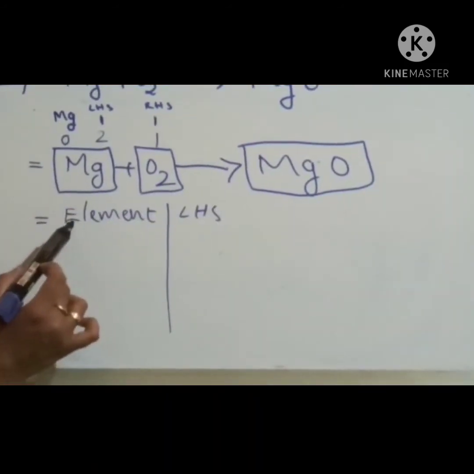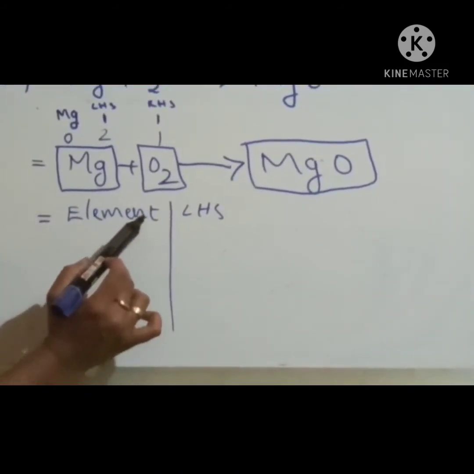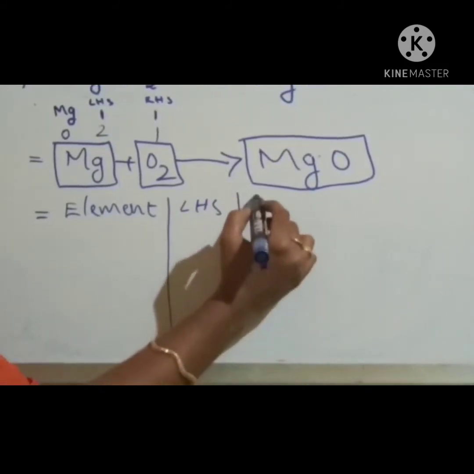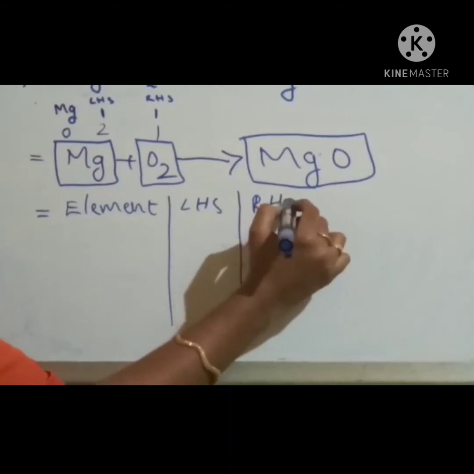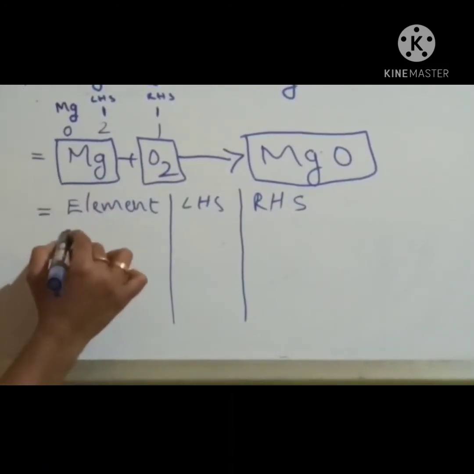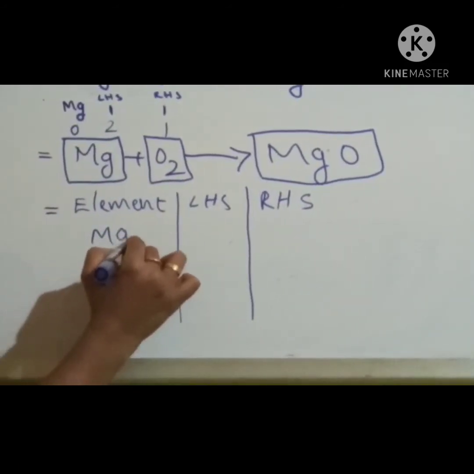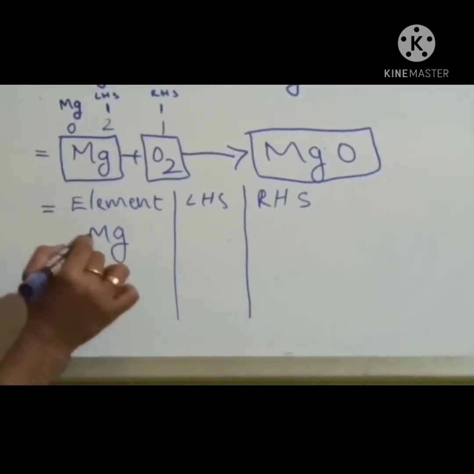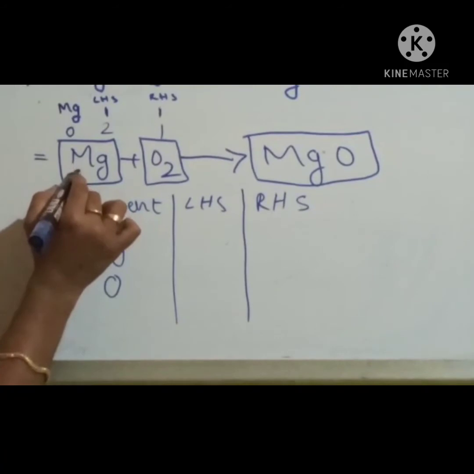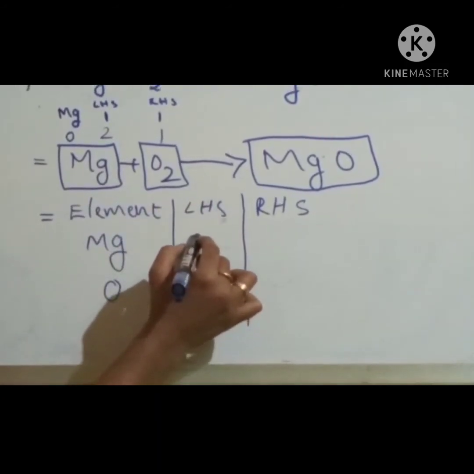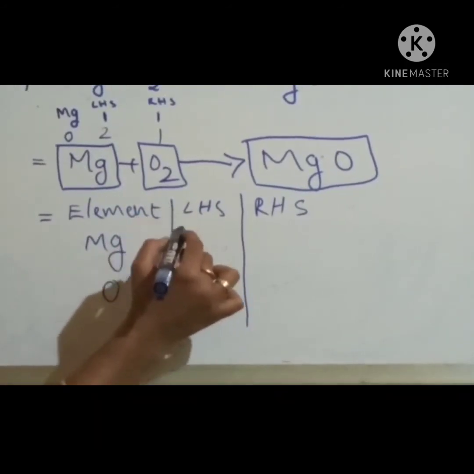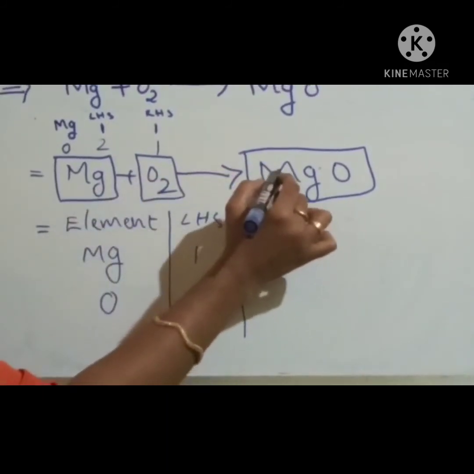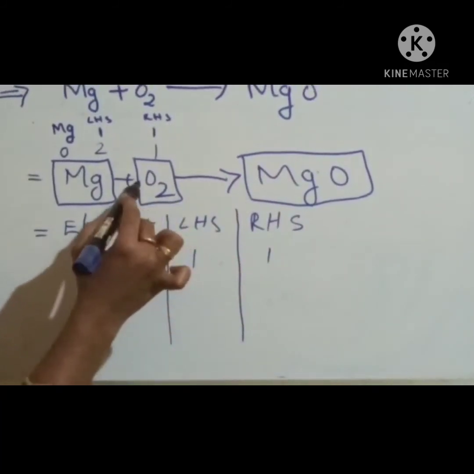Next, we are going to list out the number of atoms of each element on LHS and RHS. What are the elements present in this equation? Magnesium, oxygen. How many magnesium are there on LHS? We already found it out: 1. And in the case of RHS also 1.